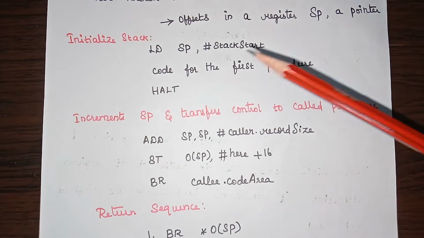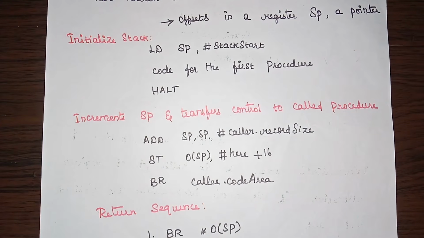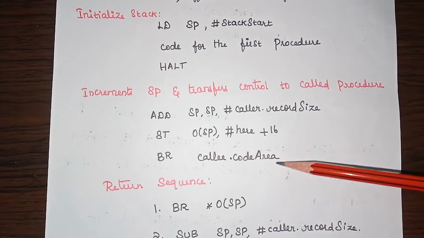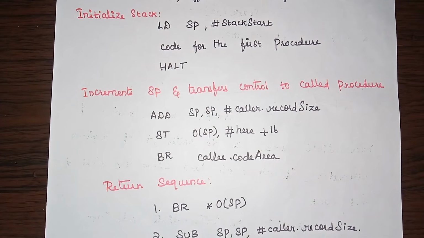And whenever an activation record is generated and pushed into the stack, at that time we need to increment the stack pointer. And how are we going to increment the stack pointer? Based on the size of the activation record, the stack pointer value gets incremented. For that we have certain code, and these are the instructions we use to increment the stack pointer and to transfer the control to a called procedure.